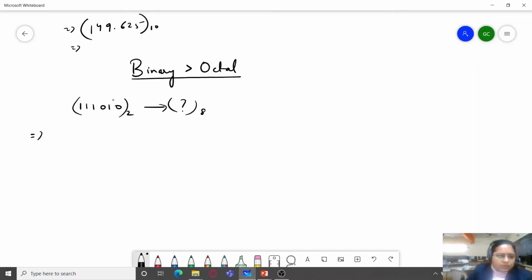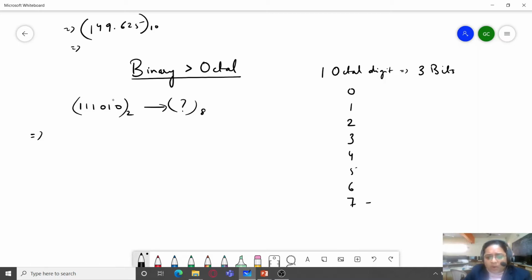So in order to do this, what we need to do is, now here the thing is, every one octal digit corresponds to 3 bits. That is 3 binary digits. If you check out the first 8 digits here, that is all the octal digits.